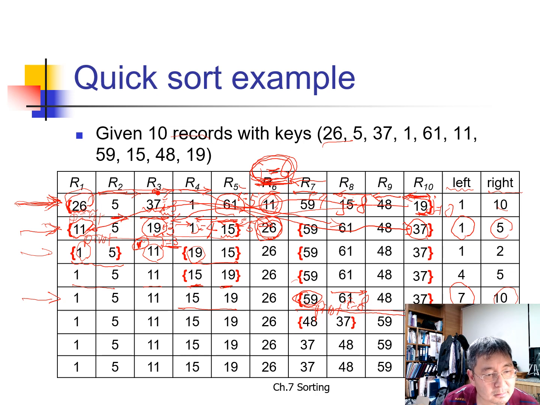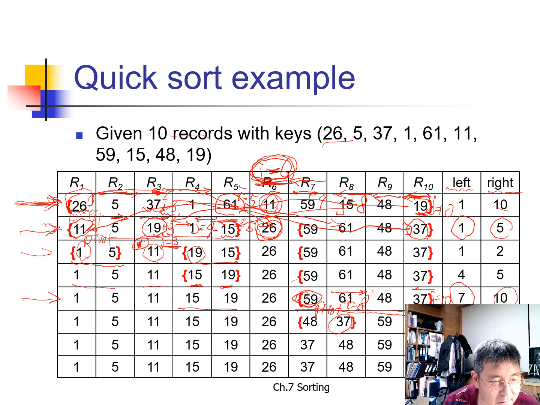And J goes from here, 37. Okay, 37 is less than 59, so J is also found, 10. So we will exchange or swap 61 and 37. 37 goes here, and the 61 goes here.